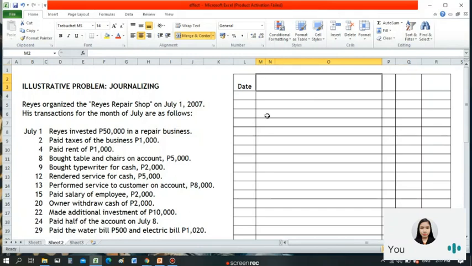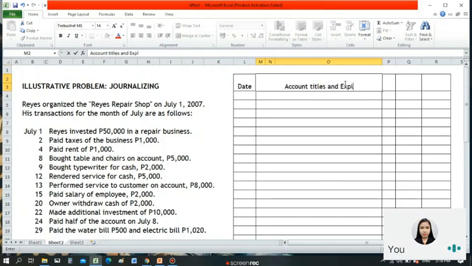The second and widest column, the one with the largest space, is for the account titles and explanation.